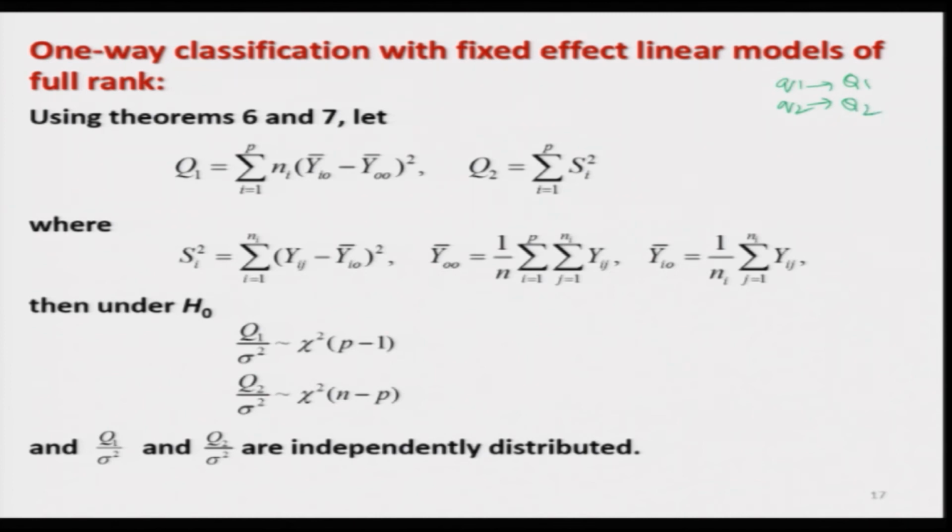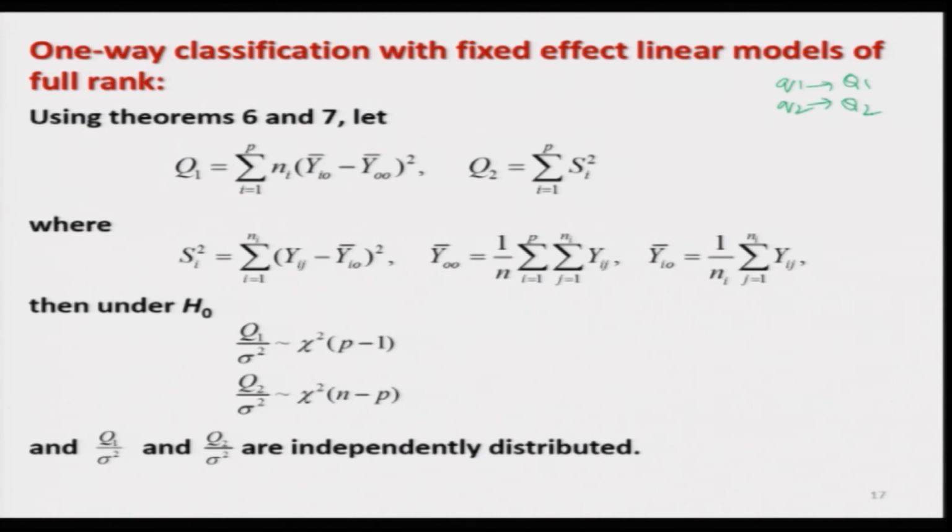We had simply replaced small yij by capital Yij, and we proved a result that Q1 and Q2 have a chi-square distribution, and they are also independent.